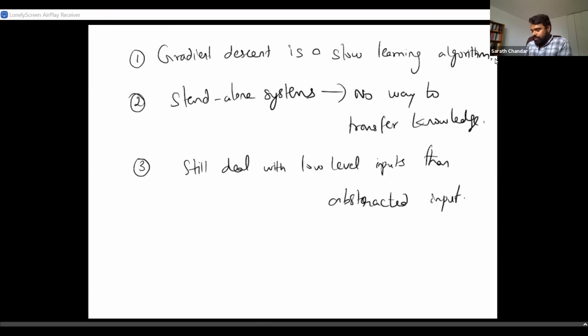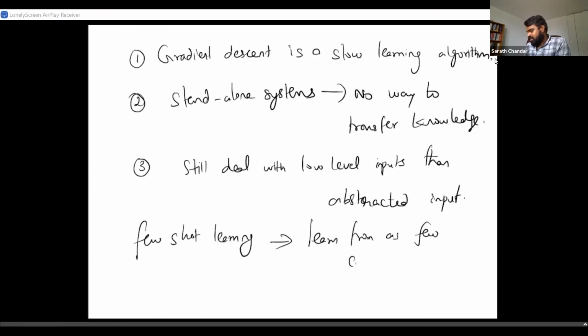But the goal of few shot learning is to learn from as few examples as possible. Now one shot learning is an extreme case of this.